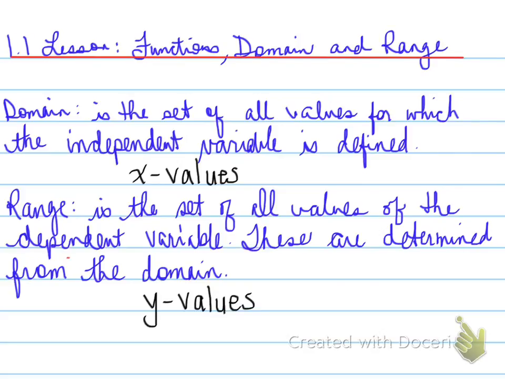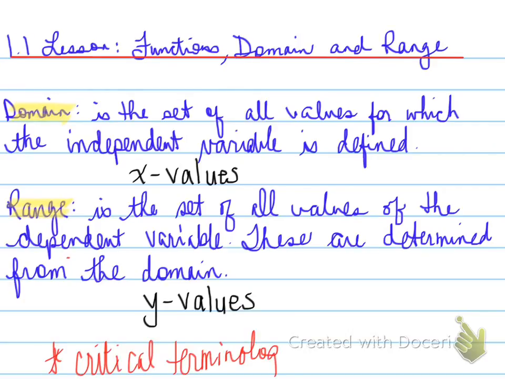So again, it's the y values, which is the range. And we're going to be looking at this throughout this course. So this terminology, domain, range, and other terms we're going to be talking about in this section have to be understood so that when these words come up again and again, it's not repeated. So this definition you must know. Now, again, these are critical terminology that is used throughout the course.